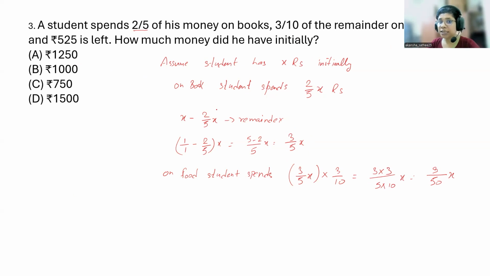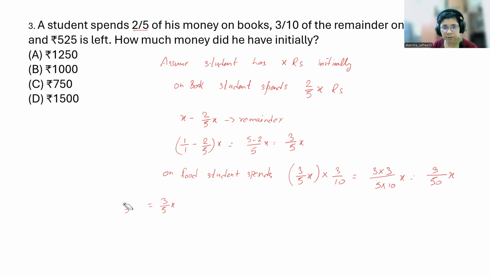How much money did he have initially? See, he has X money. From this, he spent 2 by 5th on books and 9 by 50 on food. So, how much does he have initially? X minus 2 by 5 X is equal to 3 by 5 X. This is the remainder money.